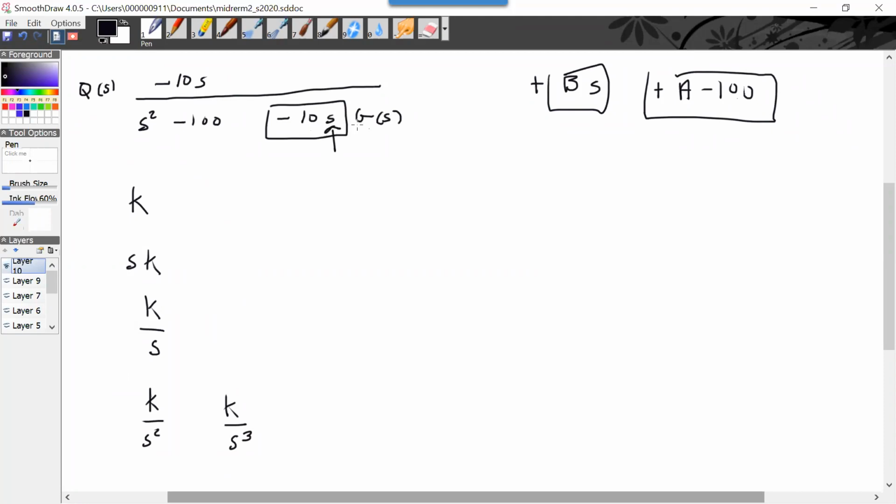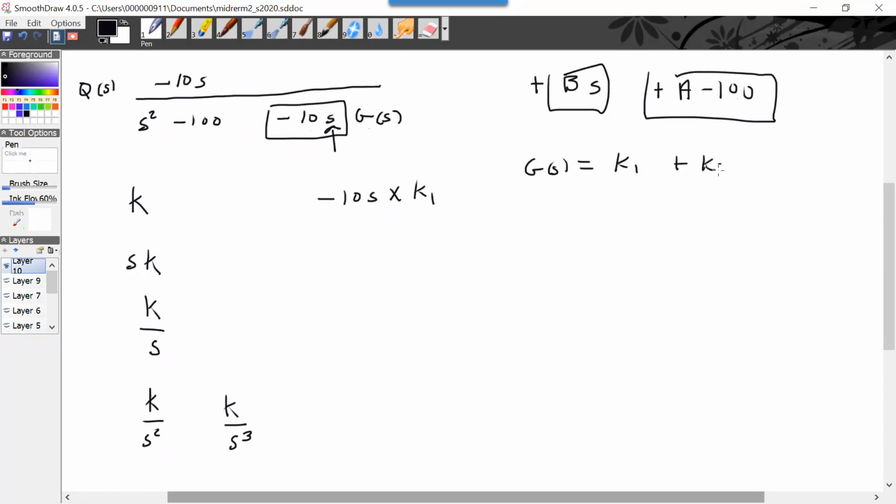So to convert this into a positive S, I just have to say, oh, minus 10S times K1. So G of S has K1. I'm just seeing that I needed a term of S and I need it positive. So all I have to do is multiply K1 times that. But that doesn't do anything about this negative sign here.